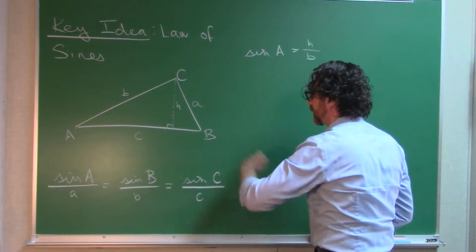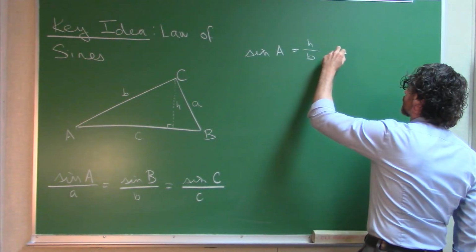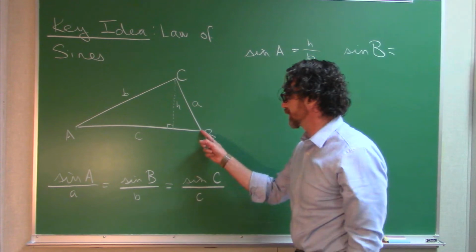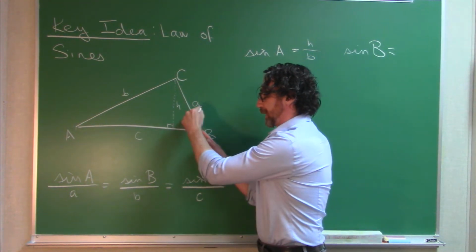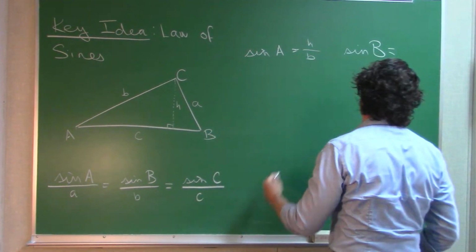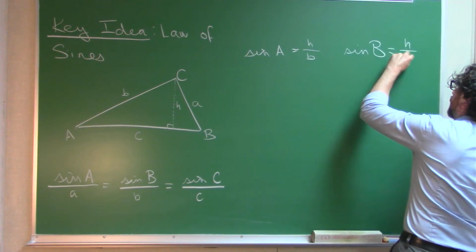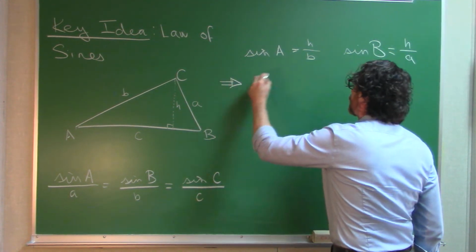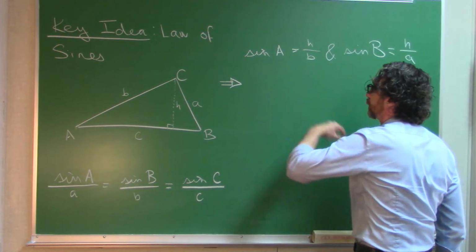And let's look at it from this perspective. Sine B: if I'm looking at this angle, there's my opposite, and my hypotenuse is side a. Opposite over hypotenuse. So both of these equations are true.